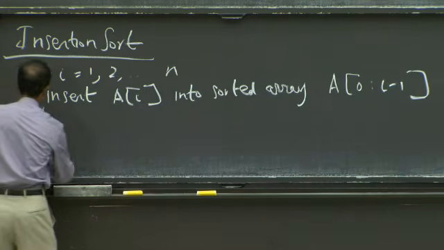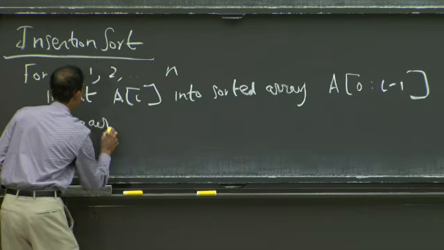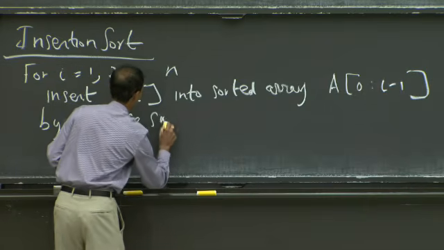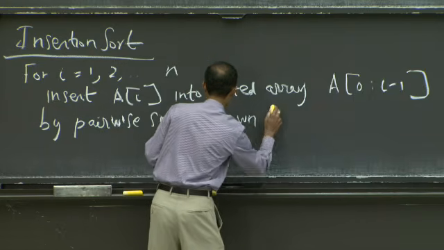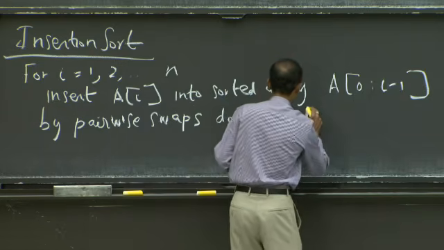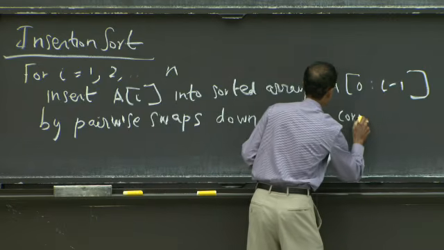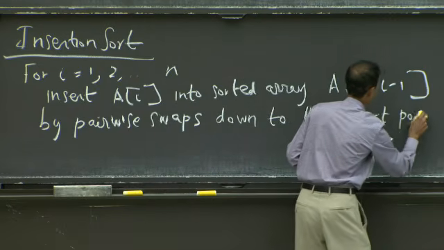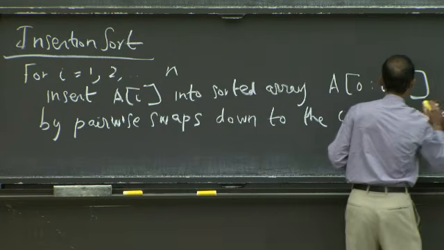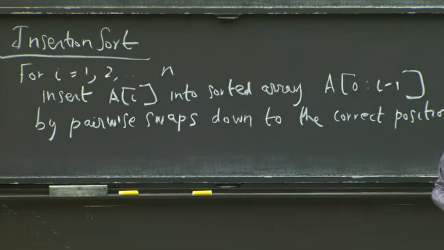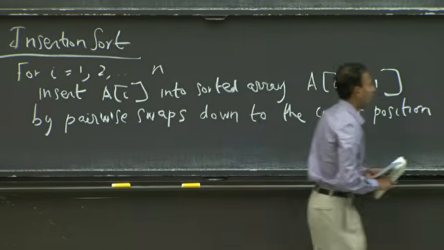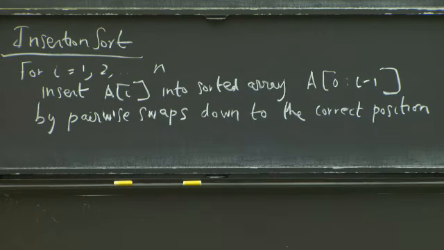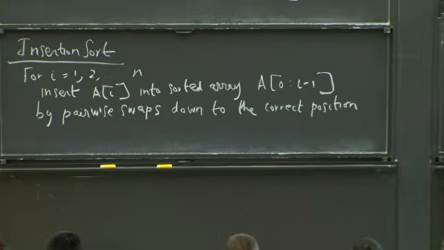And we're going to do this by pairwise swaps down to the correct position for the number that is initially in a of i. All right? So let's go through an example of this. We're going to sort in increasing order. Just have 6 numbers.